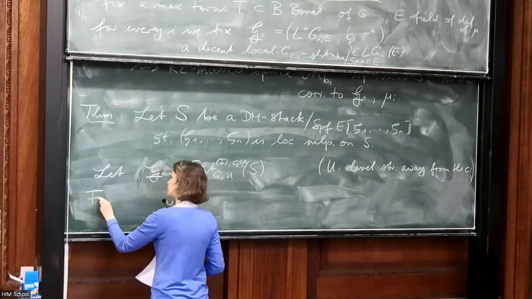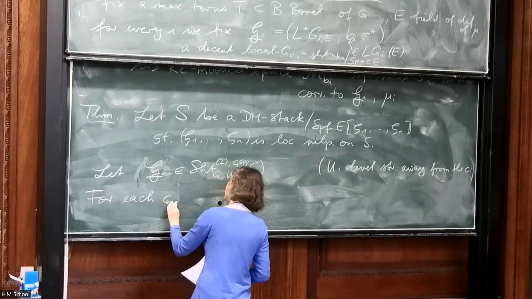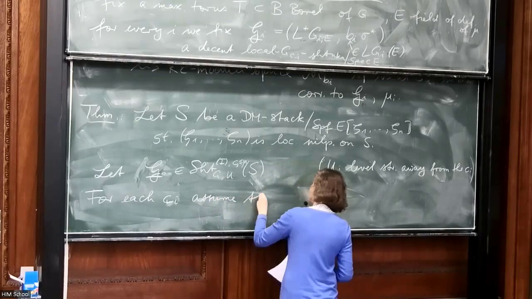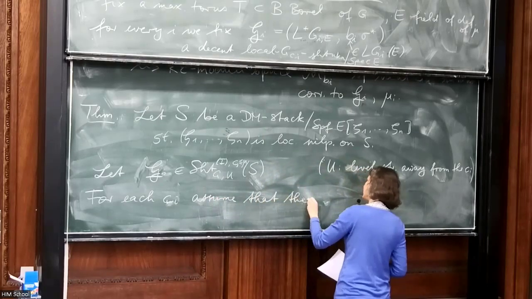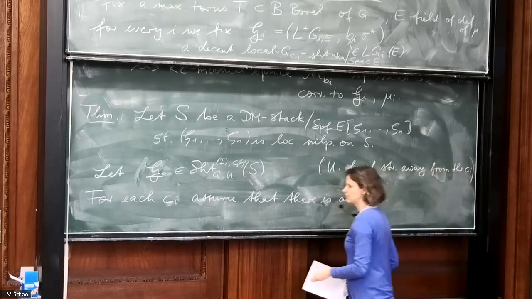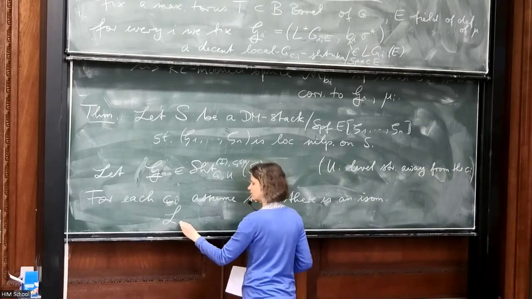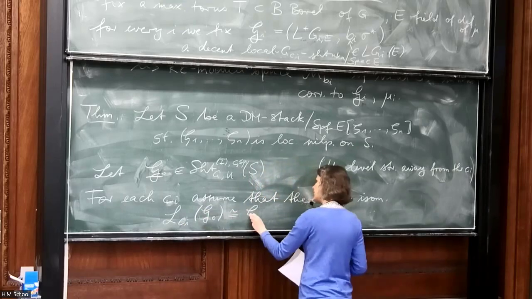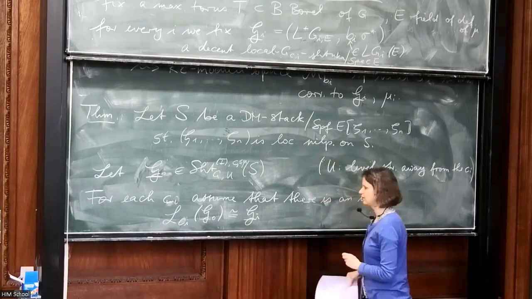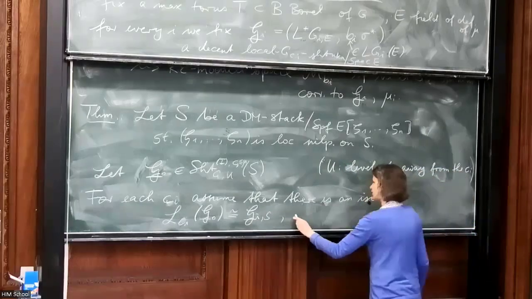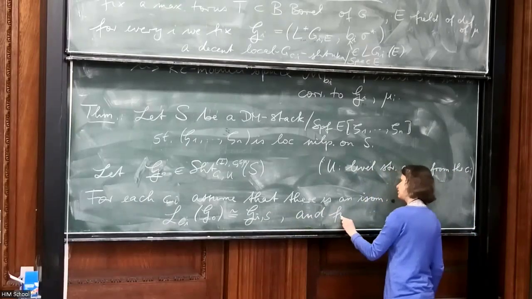So for each C_i, assume that there is an isomorphism between the local Shtuka, say L_{C_i} of G_0 underline, and my fixed local G-Shtuka G_i base changed to S, and fix one.